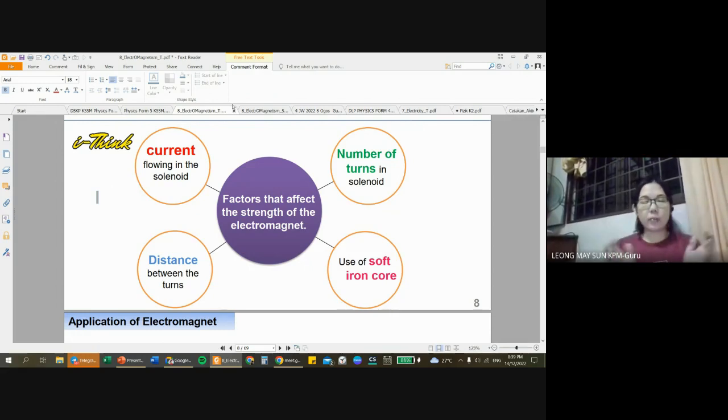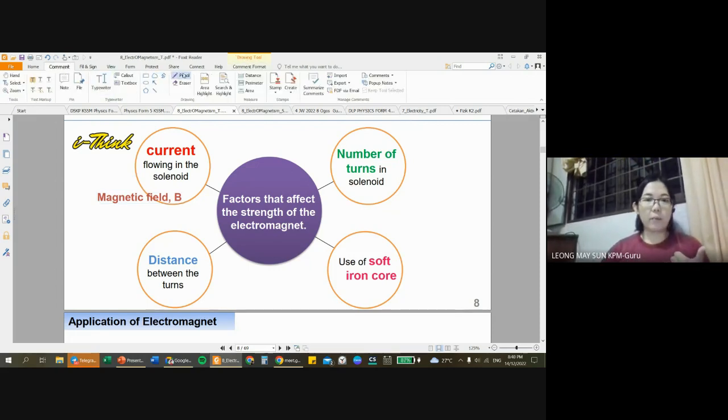In this chapter you would notice that there are very few formulas except for the transformer. The main reason is that to calculate the magnetic field, they have their own formula, and this formula they did not teach at secondary school level. But in the formula itself, it actually shows the number of turns.